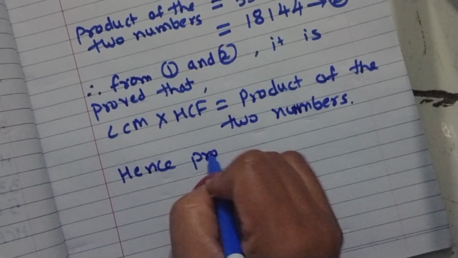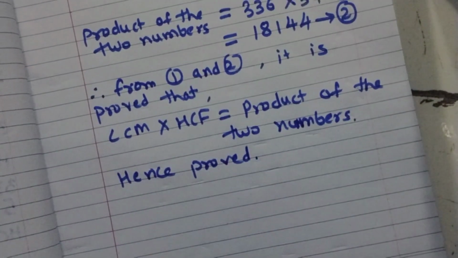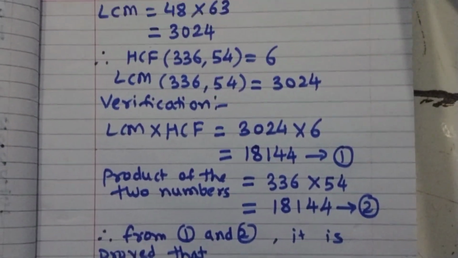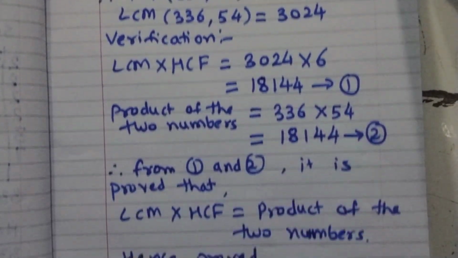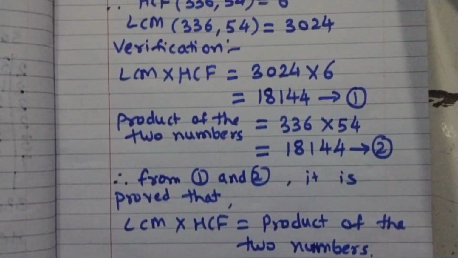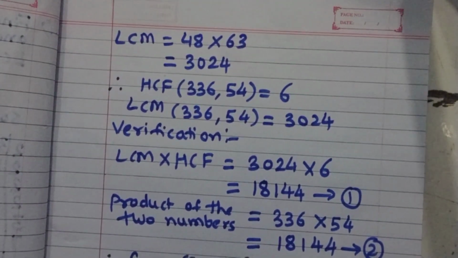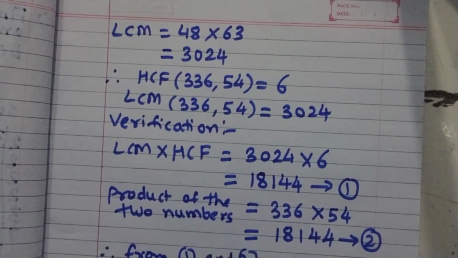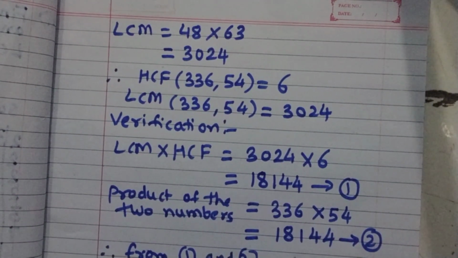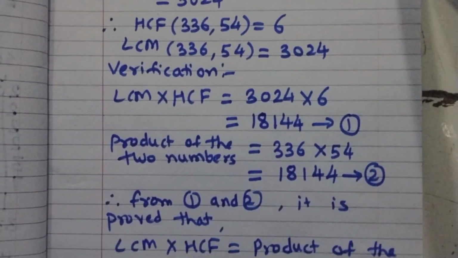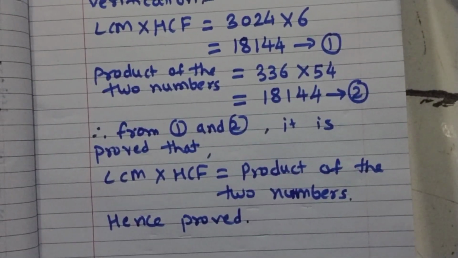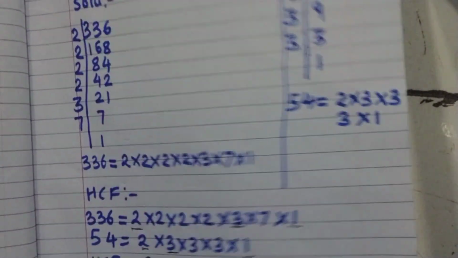Hence proved. In this way, we can find LCM and HCF of any two numbers, and we can verify that LCM multiplied by HCF is equal to product of the two numbers.